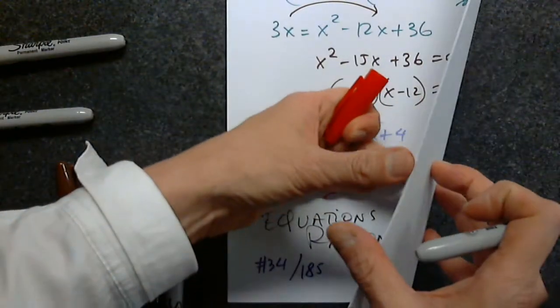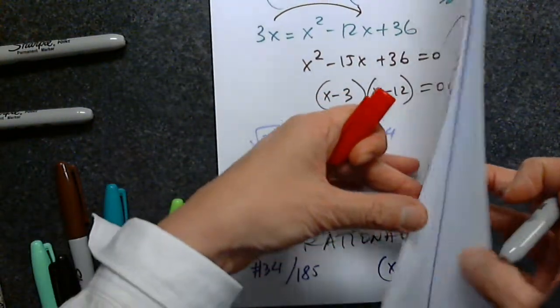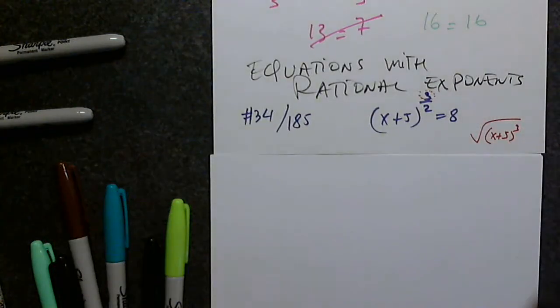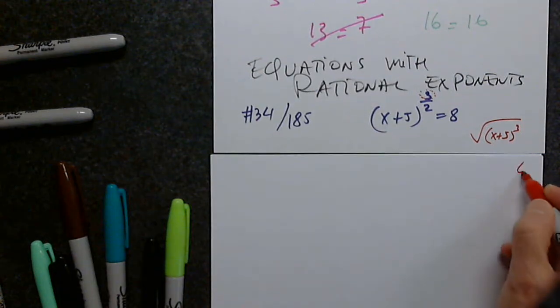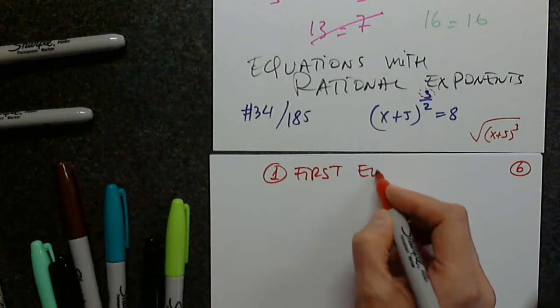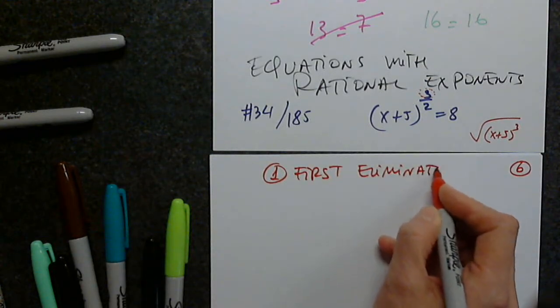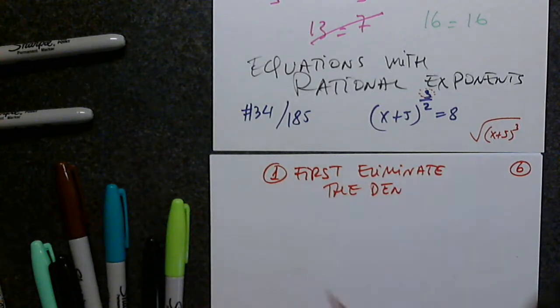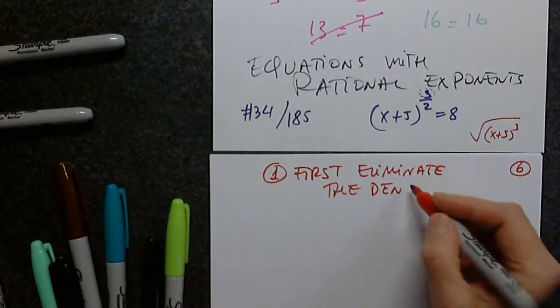So my recommendation is, and I'm going to put it in writing, is this. First, eliminate the denominator of that power, and then eliminate the numerator of that power. So number 1, first, eliminate the denominator. And then you don't have to memorize the formula in the book.